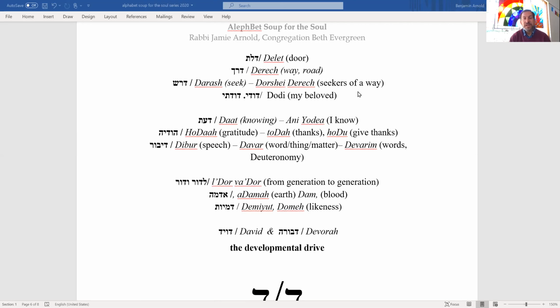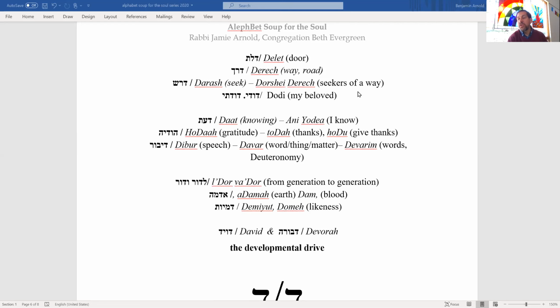Another word or combination of words that have two-letter Dalets in them is the word dod, or dodi, or dodati. So dod is like an expression of endearment, a dear one, a beloved. Dodi li va'ani lo. I am to my beloved as my beloved is to me, from the Song of Songs.